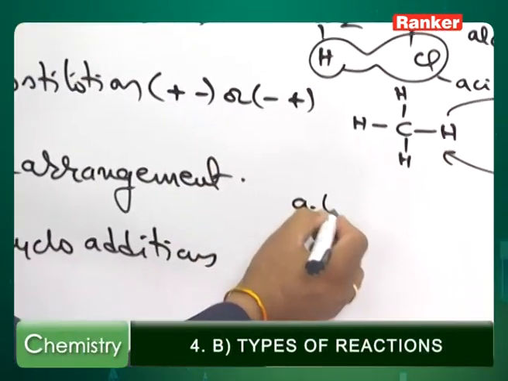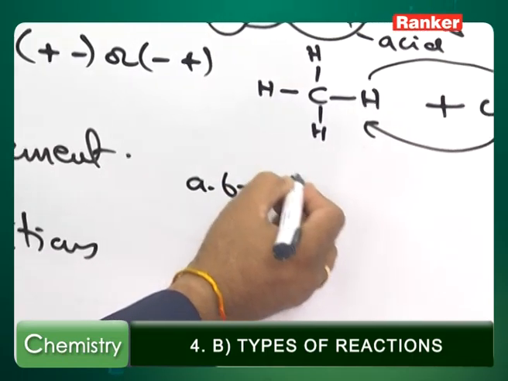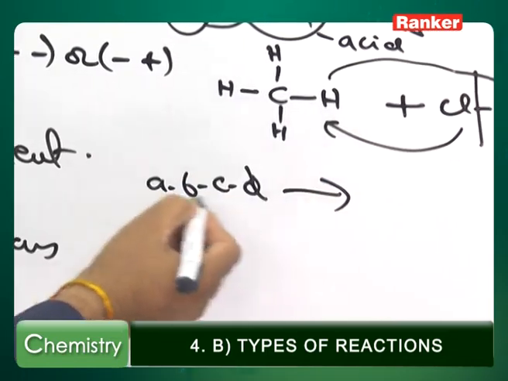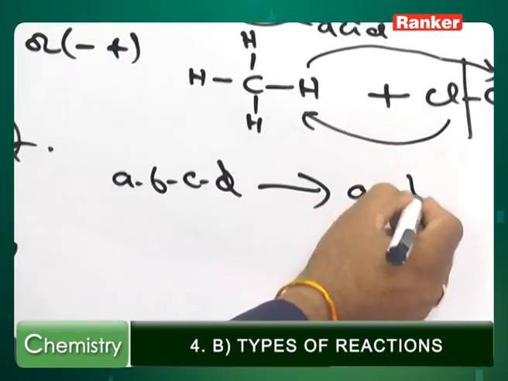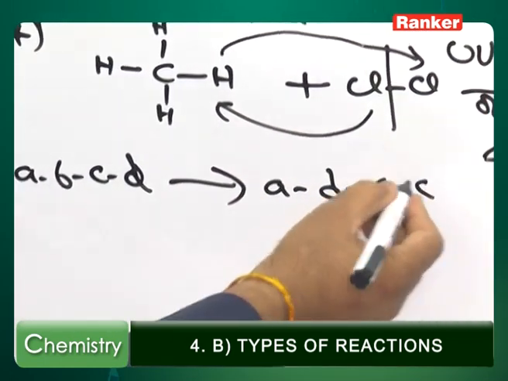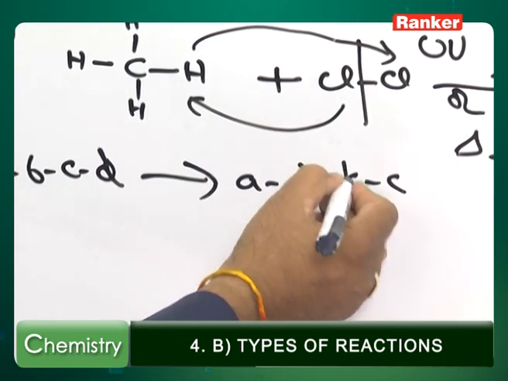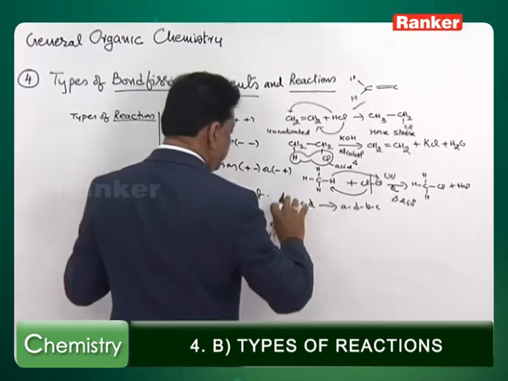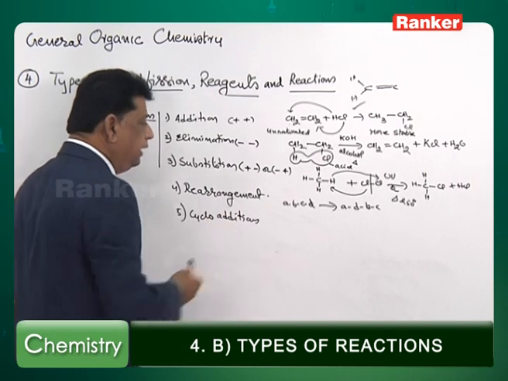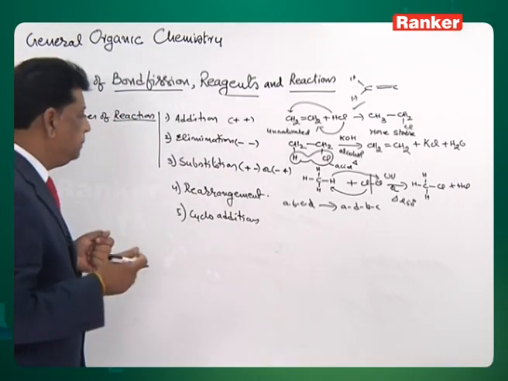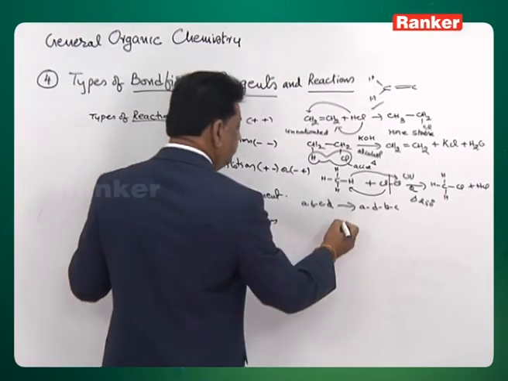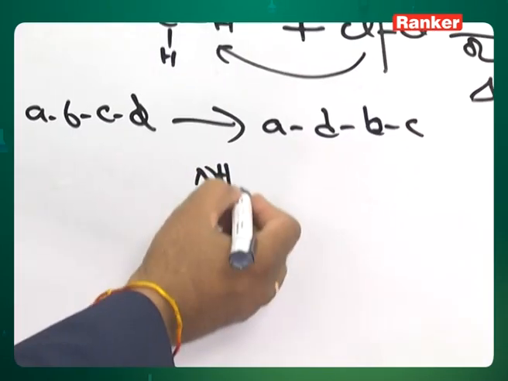If I have an ABCD molecule, and I rearrange these groups into ADBC, let us say, this type of reaction is said to be rearranging the groups internally, and the molecular formula will be the same. An example is ammonium cyanate.